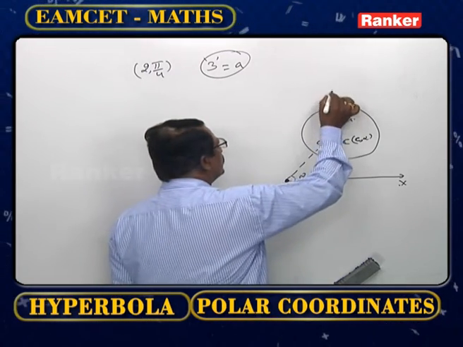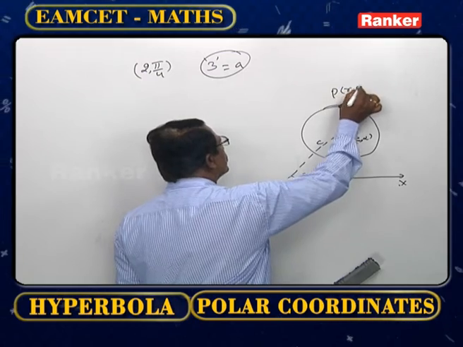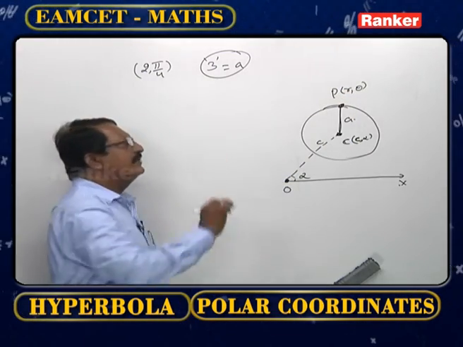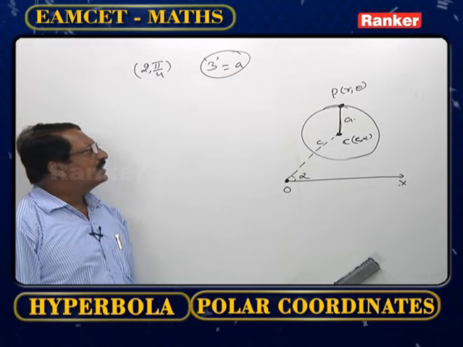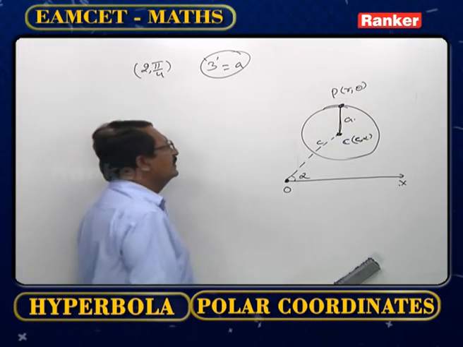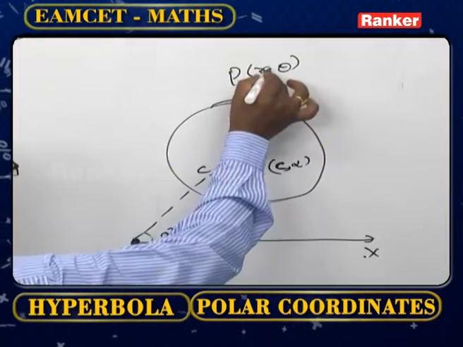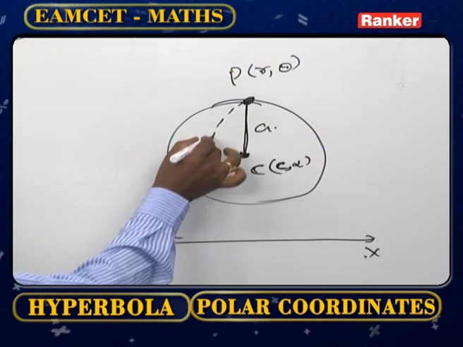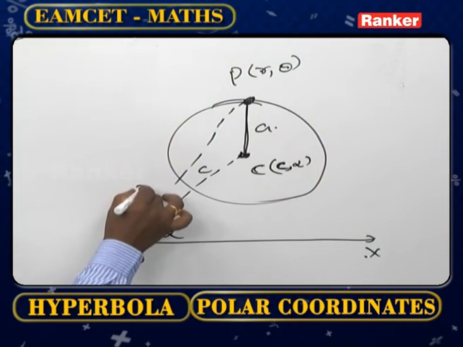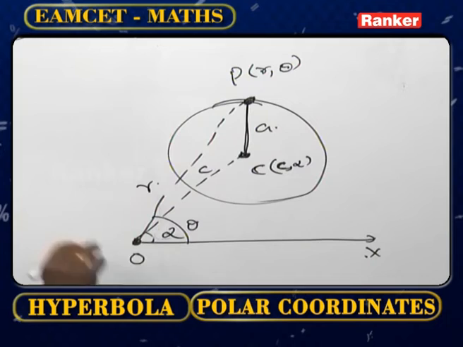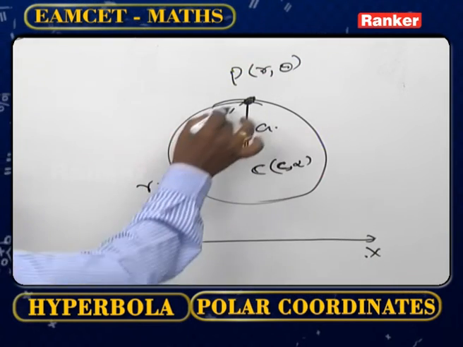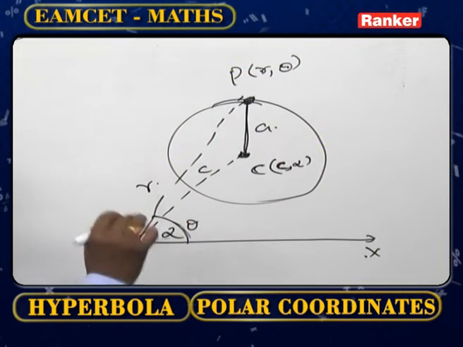Consider P(r, theta) to be any point on the circumference of the circle, then the locus of the point P(r, theta) is the required circle. Then OP equals r units and OP is inclined at an angle theta with the polar axis.